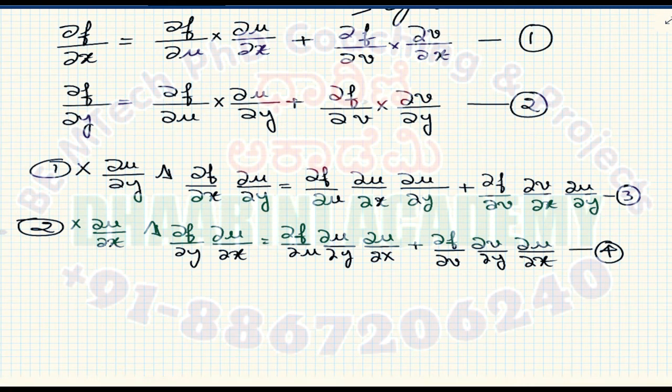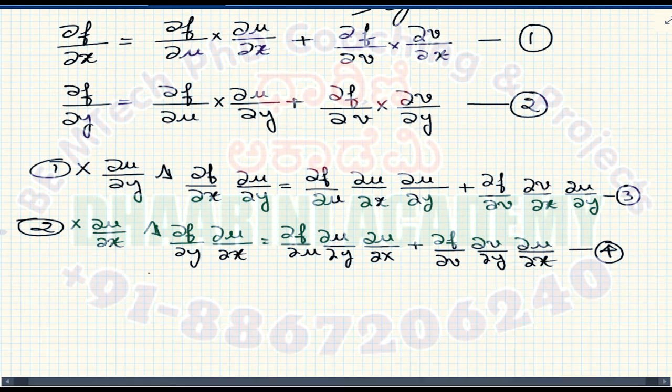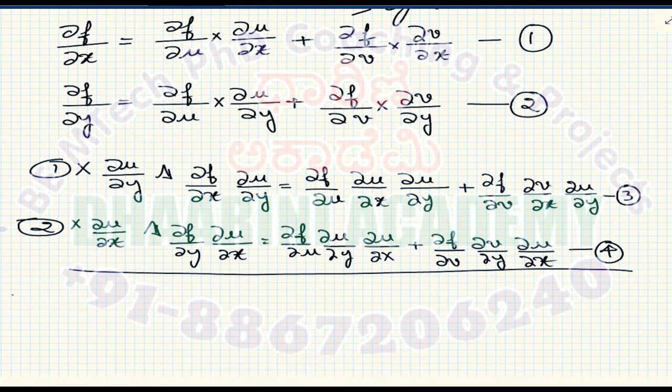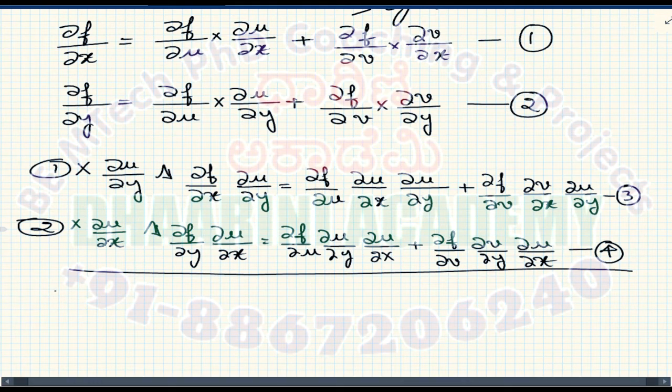Now what we can do here is subtract one from the other. Say I'm going to perform 4 minus 3. Equation 4 minus equation number 3 gives this. So I can understand that this will be cancelled, right?